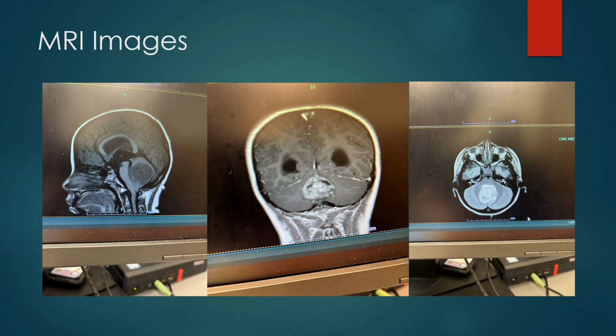You will see the tumor in full profile there as well. And in the third image, this is an axial view of the brain, with the tumor being the lighter circle towards the lower portion of the brain in the center as well.